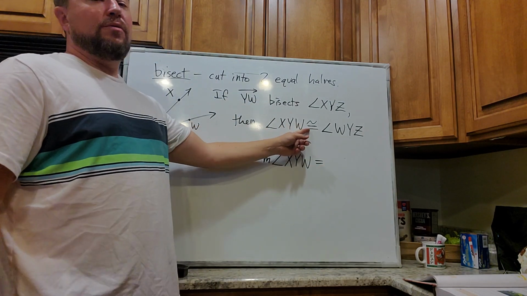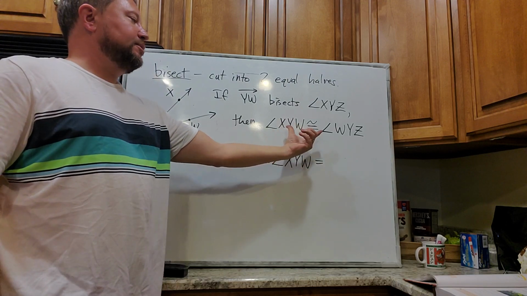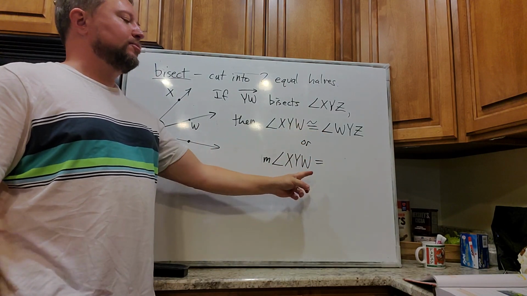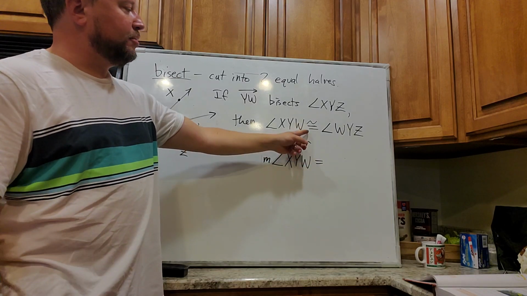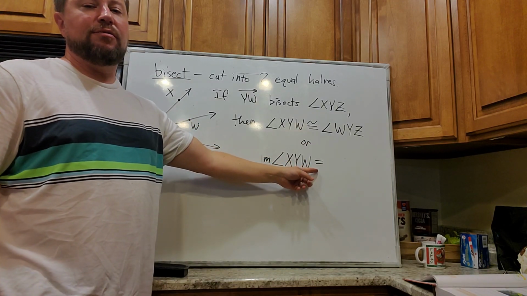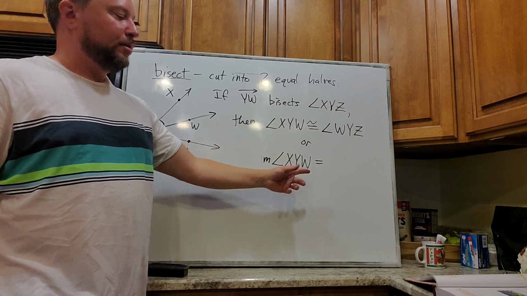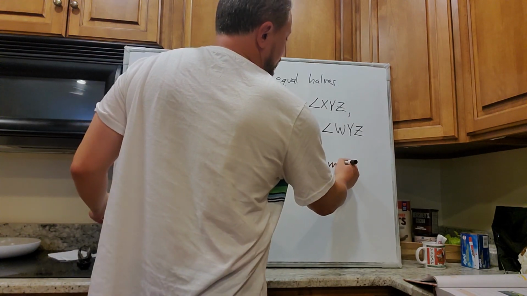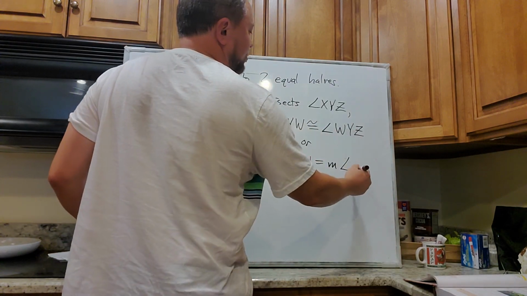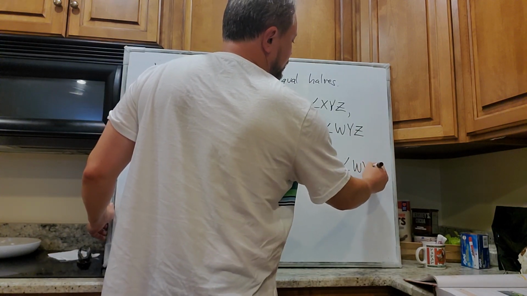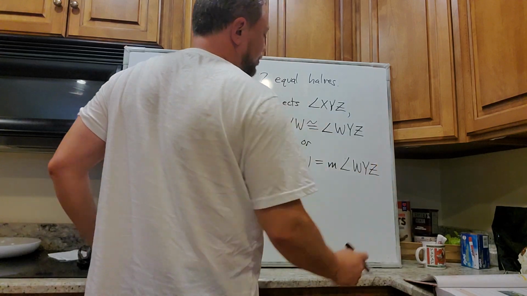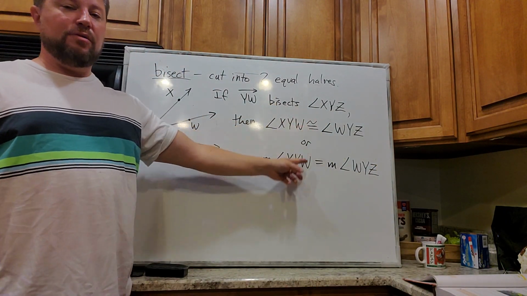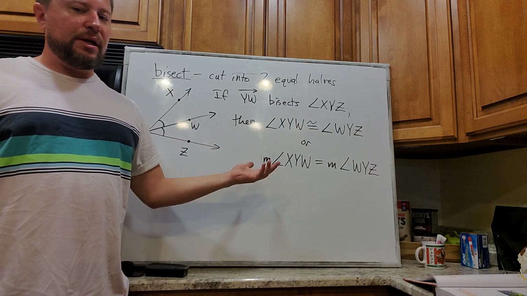now, congruent would be your way of just saying, hey, these shapes, these angles are the same. But if I wanted to say their measures are the same, now instead of using the congruent symbol, I'm back to just using the regular old equal sign. Because I'm going to say, hey, the measure of this angle equals the measure of that angle, W, Y, Z. So it's a slightly different way of writing the two of them, but they really are saying the same thing.